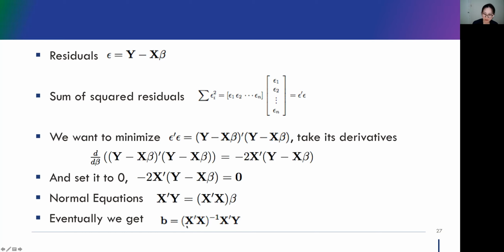This is something you should familiarize yourself with, because it's very common for people to ask what the estimate of the coefficients for simple linear regression is.